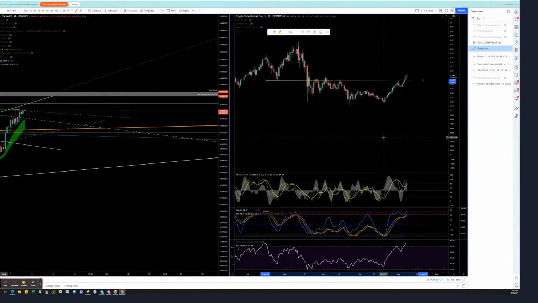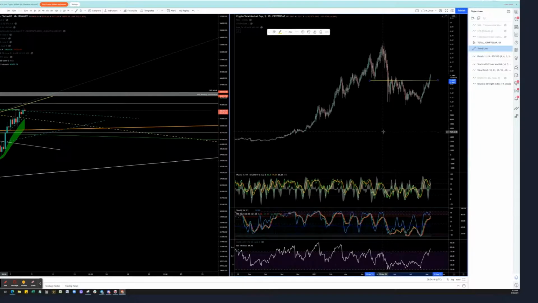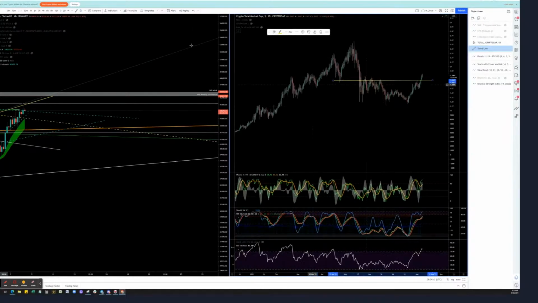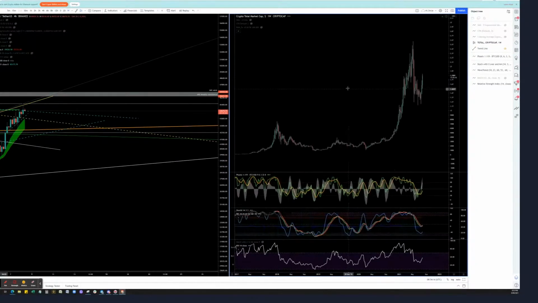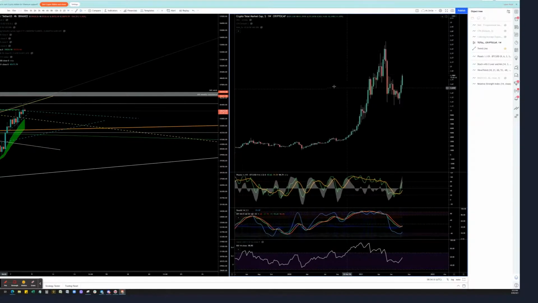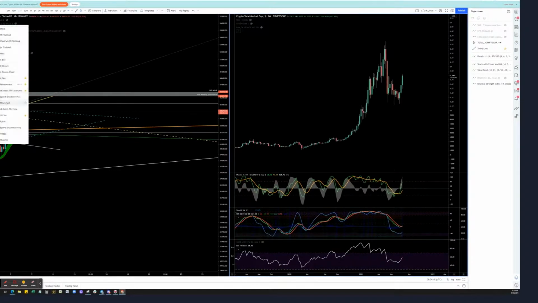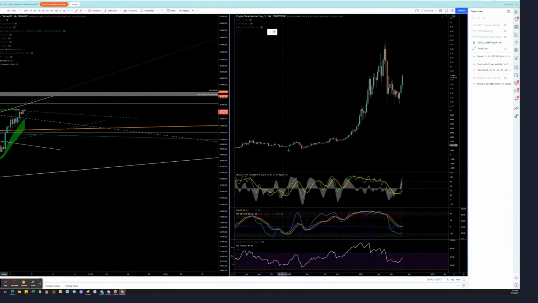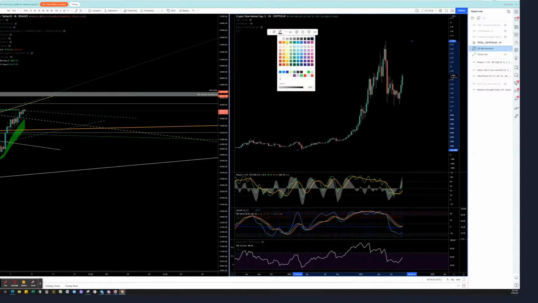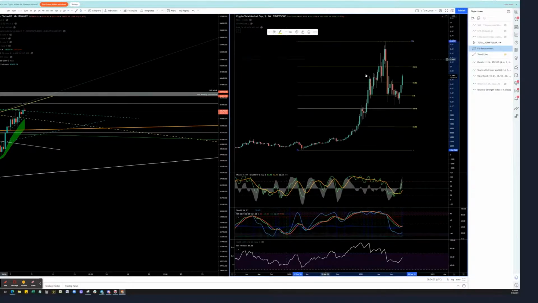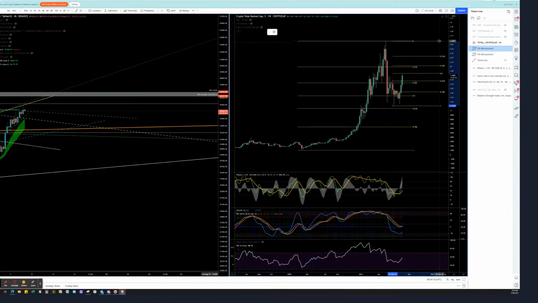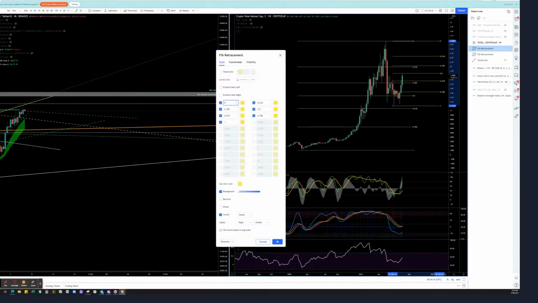Yeah, so that total market cap is looking good. The weekly was better, wasn't it? That's why things have probably slowed down a bit.